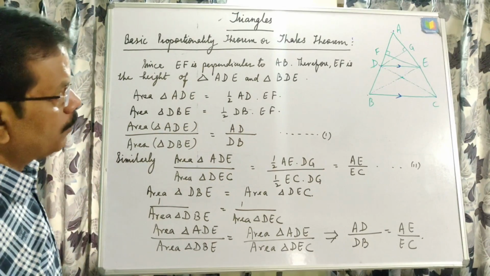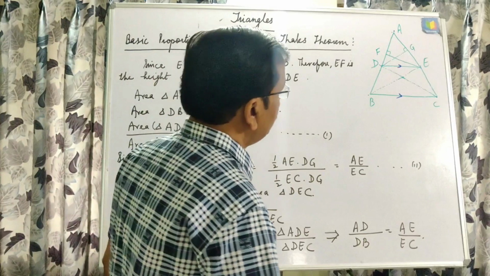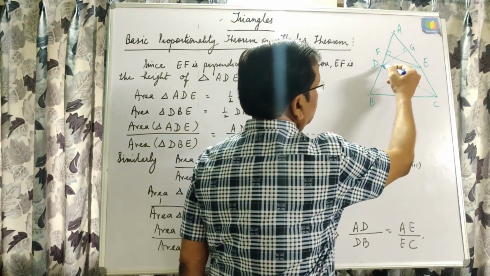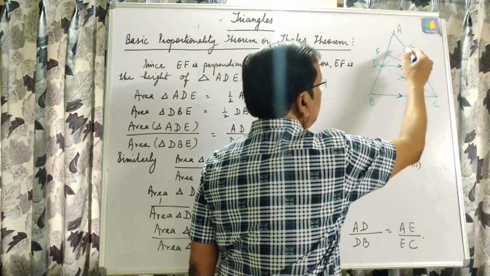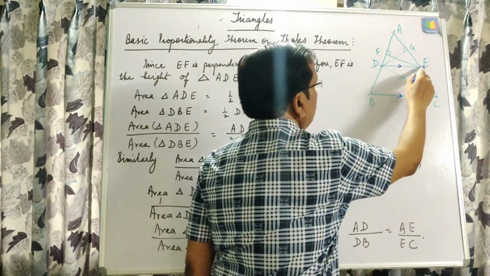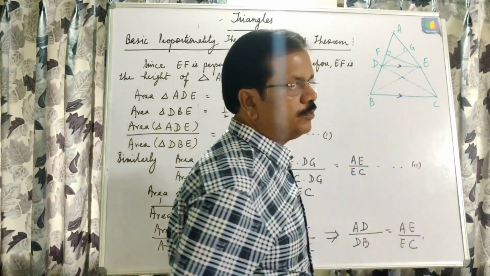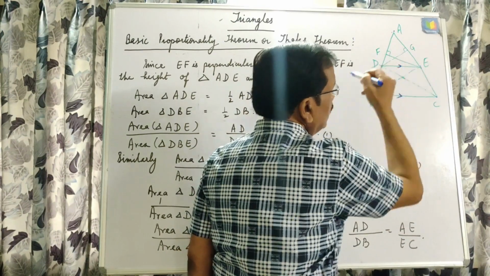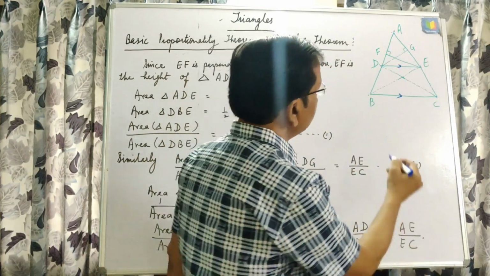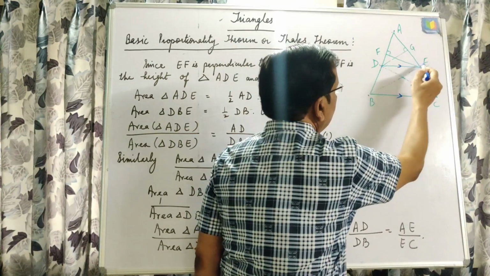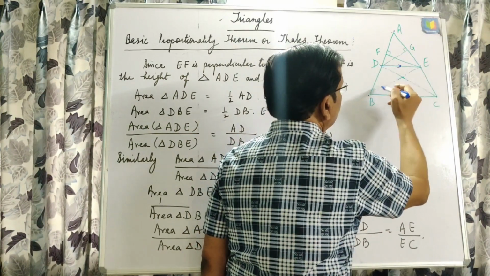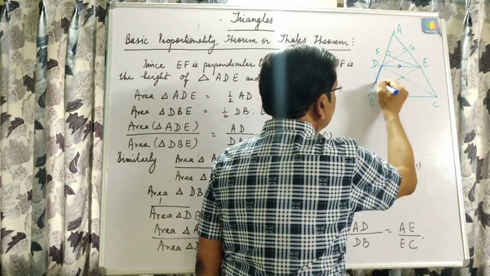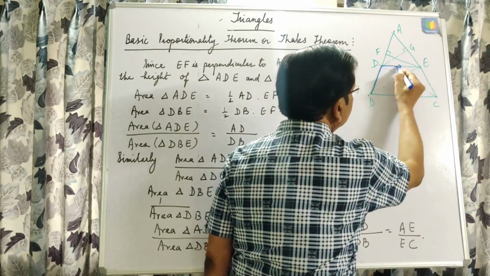Okay, now for proving we can use a construction, that is, we draw a perpendicular just to find the height of this triangle. Here you can see DEB, and in this case, what is the height of this triangle?